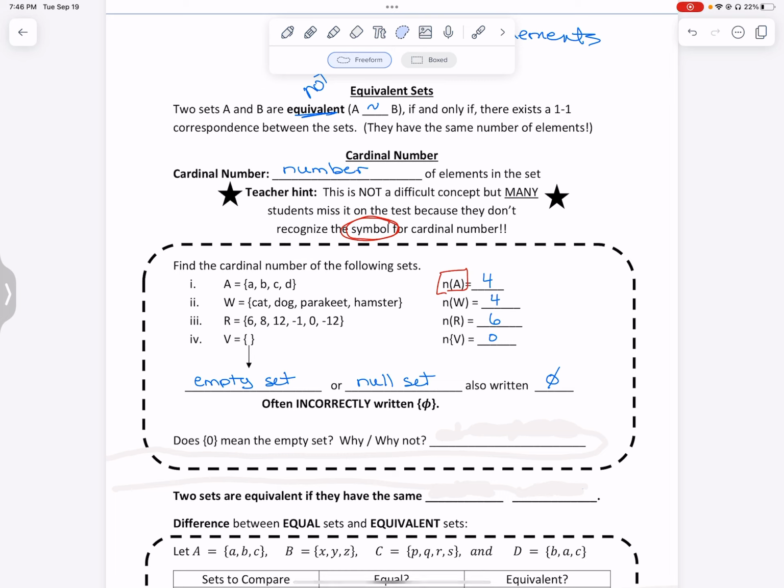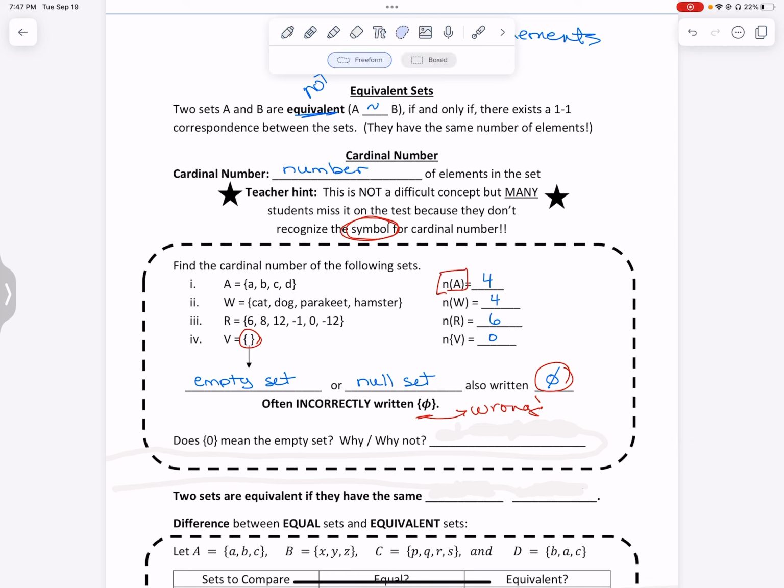But you cannot write it like that. You can't have both of them, okay? If you write that, that's going to be considered wrong. That's the set of the empty set, which is weird. So you can't write it like that. You can either write it like this or like that. Both of those mean empty set.